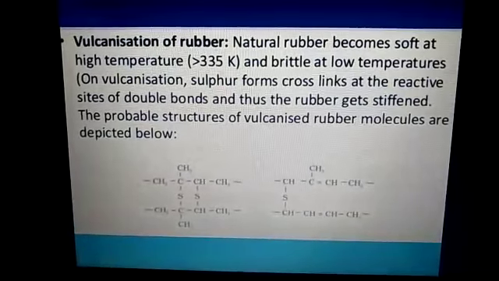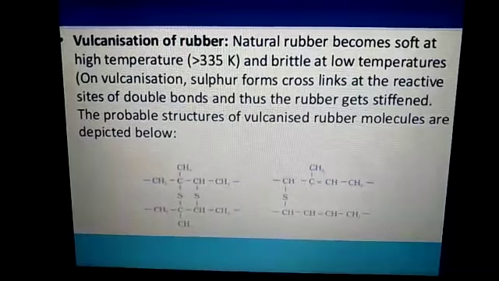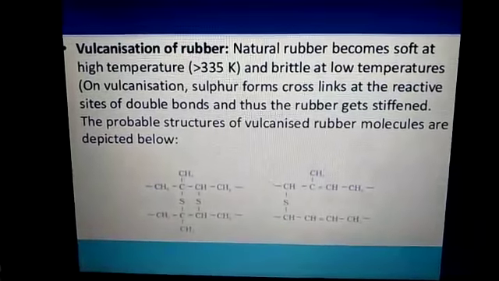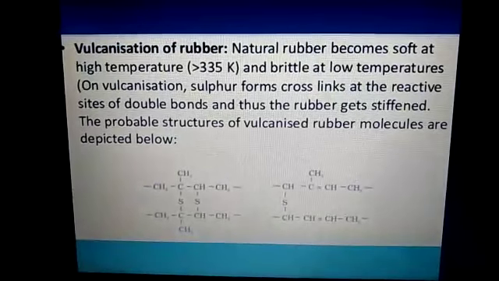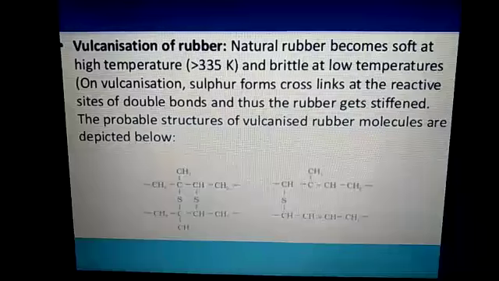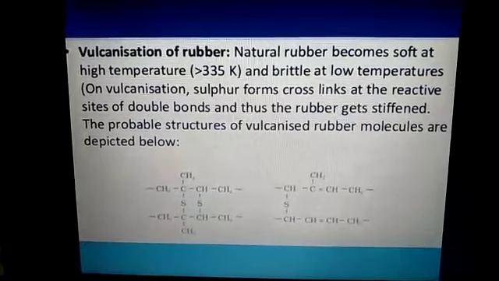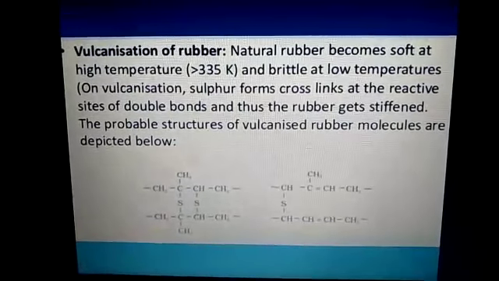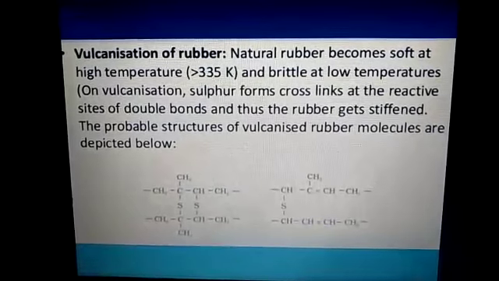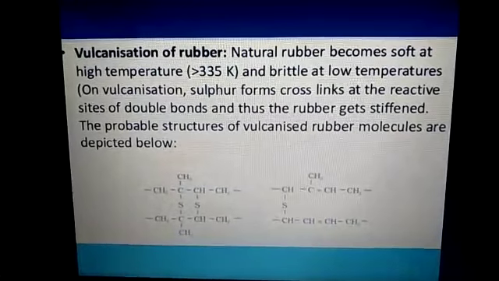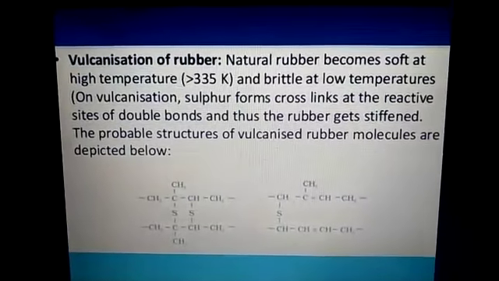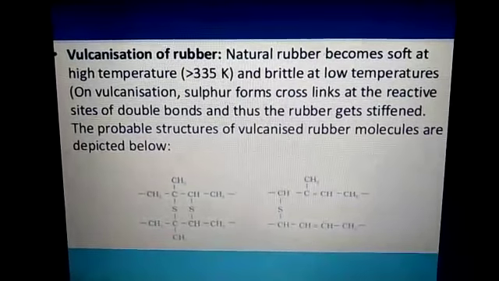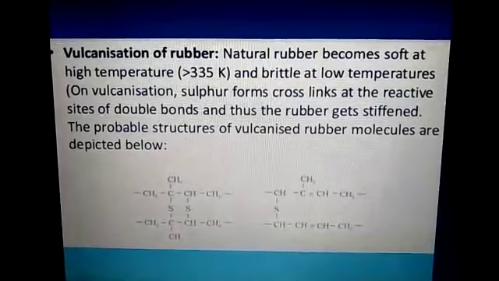As we have already seen in the slide, it consists of heating the natural rubber with sulfur at 415 Kelvin. Since this process is slow, additives like zinc oxide are also used to accelerate the rate of vulcanization. During vulcanization, sulfur bridges or cross linkages between the polymer chains are introduced at the reactive sites.